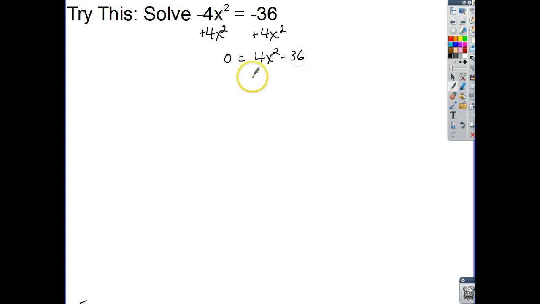Now, if you're one of those persons that always likes to see the stuff on the left-hand side and the 0 on the right, help yourself to the symmetric property and just switch sides. That's perfectly okay. Now that we get it like this, there is a common factor here, and the common factor is 4. So 4 comes out, and we get x squared minus 9 is left.